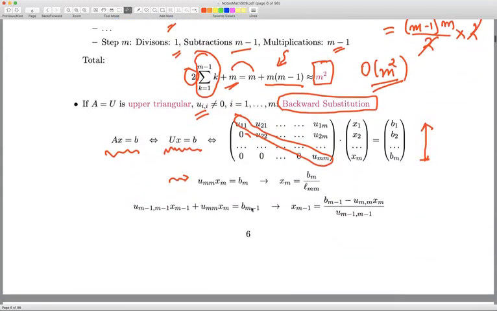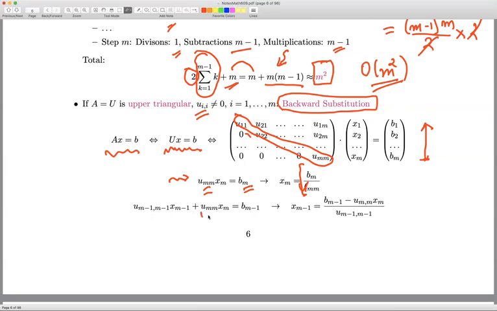And we apply the same strategy. Since u_mm is different from 0, we write x_m, here it is u, a misprint, as a ratio of b_m and u_mm, and then we continue to the next equation.